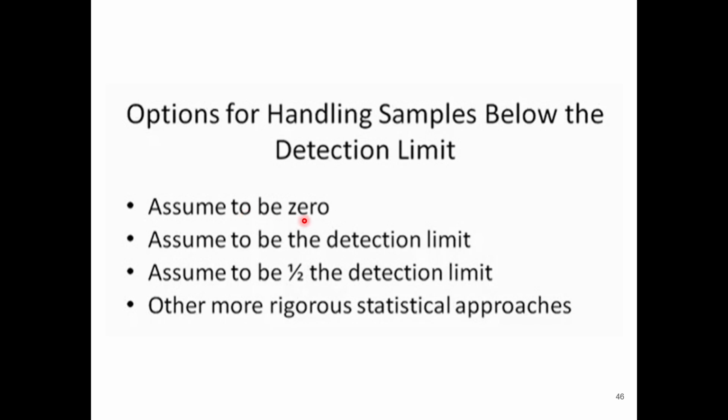Second is to assume it to be the detection limit itself; if it was 5.17, let us take it to be 5.17 itself. Or it can be assumed to be half the detection limit, so half of 5.17.